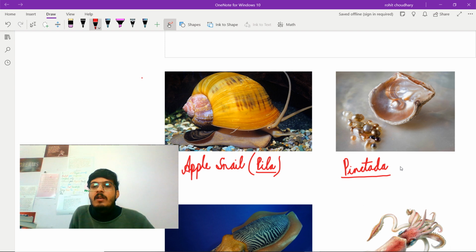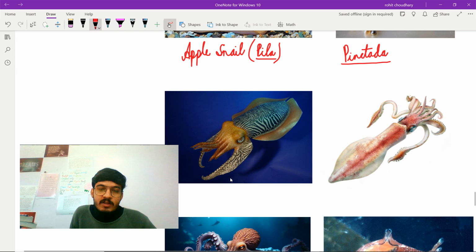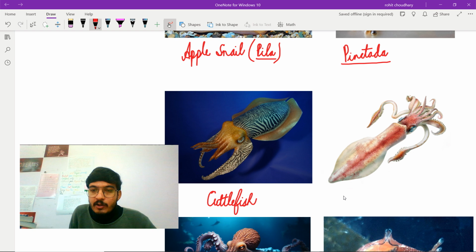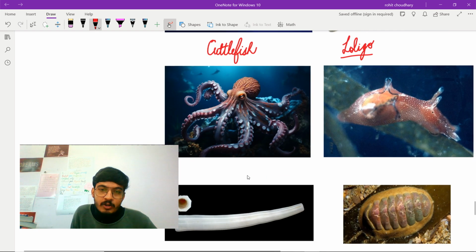Pinctada is commonly known as pearl oyster. This picture is of cuttlefish. This is Loligo, commonly known as squid. The next picture is of octopus, commonly known as devilfish.